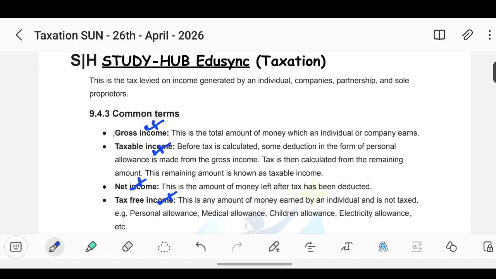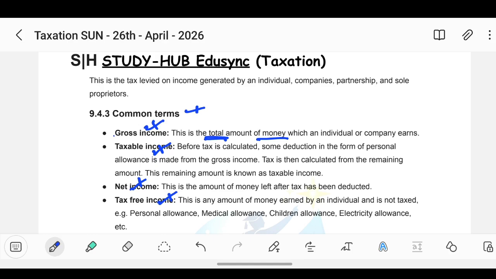But the common terms used, we have gross income. Gross means total. So it's like the total amount of money which an individual or a company earns.